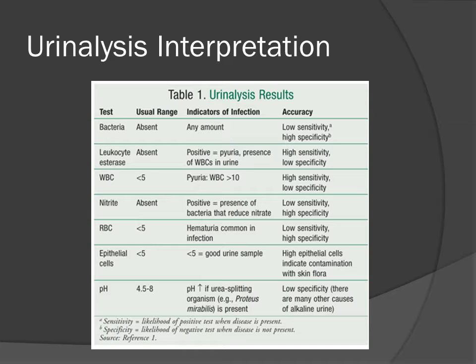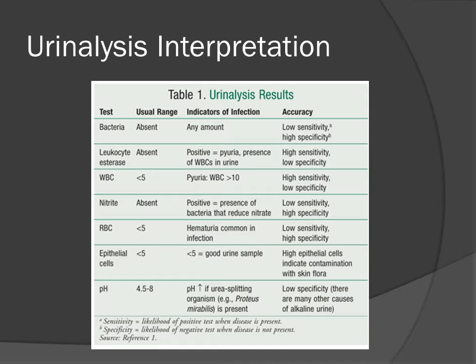Specificity is the ability of the test to correctly identify those without the illness, or true negative rate. So when we look at this, for bacteria, an indicator of infection can be any amount of bacteria. But we notice that this has a low sensitivity and a high specificity. So low sensitivity means that there can be false positives.